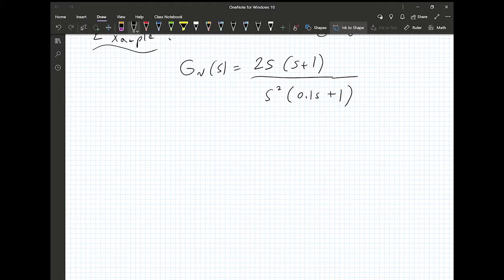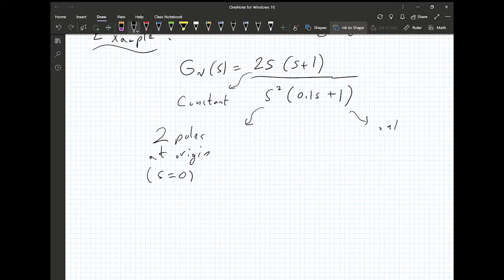Here we have a constant. We have two poles at the origin, meaning at s equals 0. We have one pole at tau equals 0.1, meaning omega equals 10 rad per second.